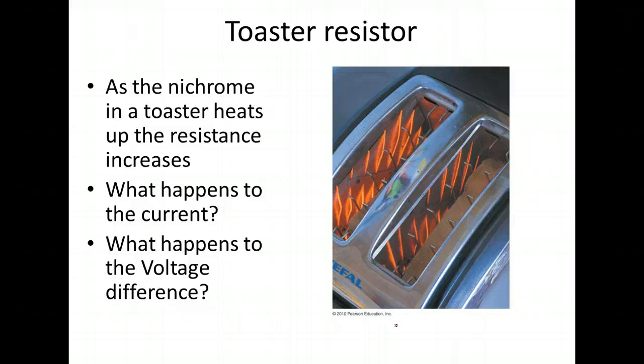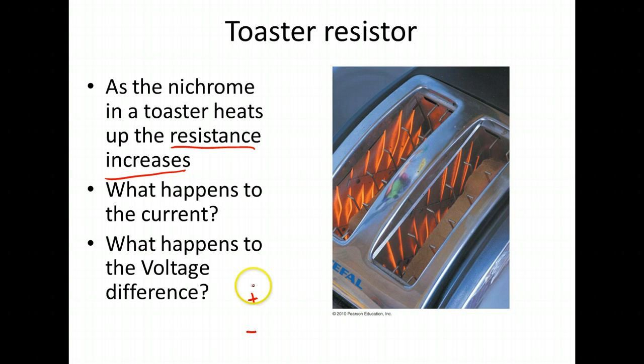As the nichrome wire heats up, the resistance increases for this toaster. And as resistance increases, so does the heat of the toaster, because it's pushing back on those electrons, and you get some friction there. As that resistance increases, when the toaster heats up, what happens to the current? So I've got some kind of power supply.